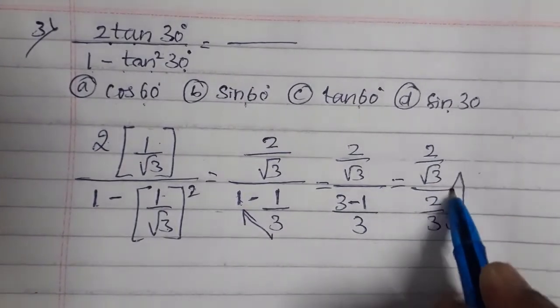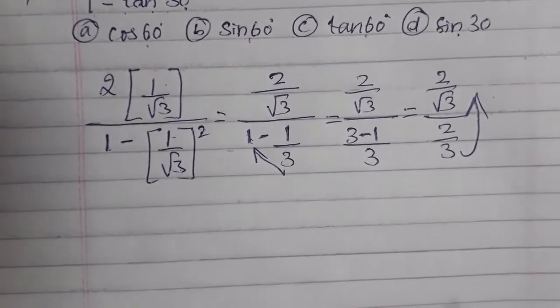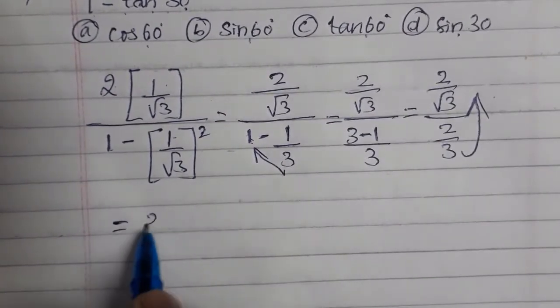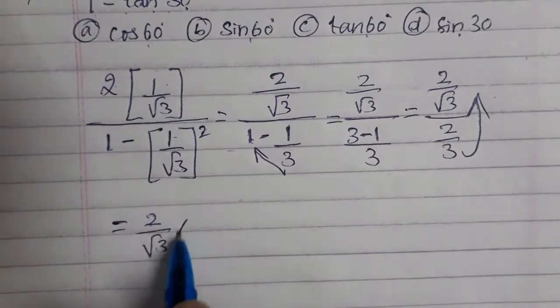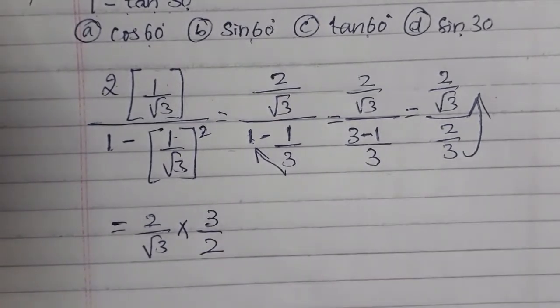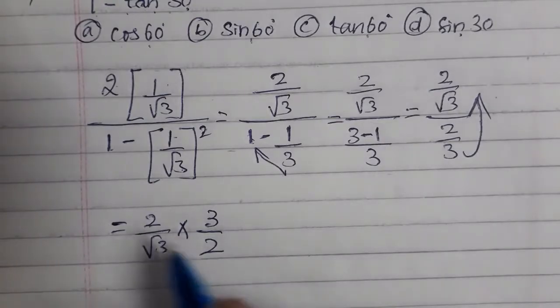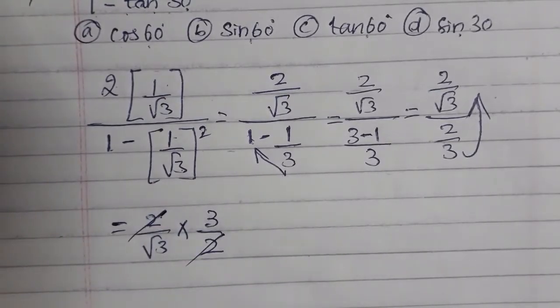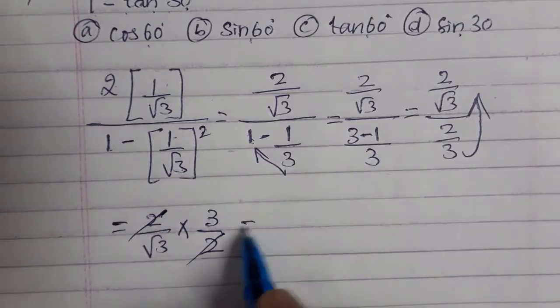Shift the denominator to the numerator. What you will get? 2 by root 3 into 3 by 2. This 2 and this 2 will get cancelled. So what is the answer?